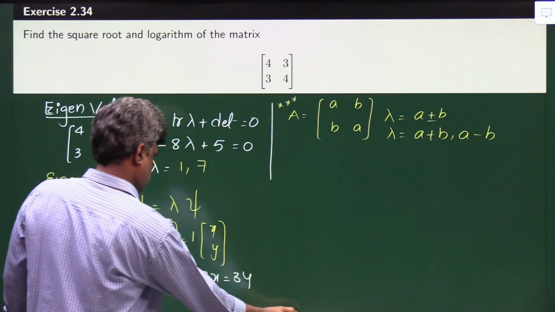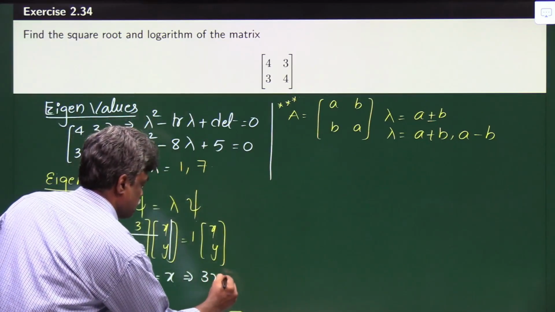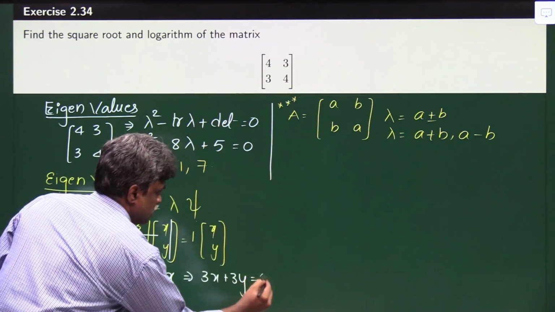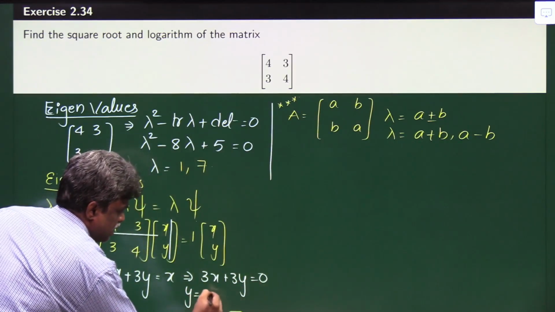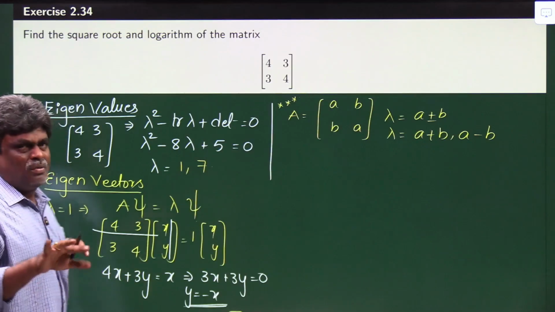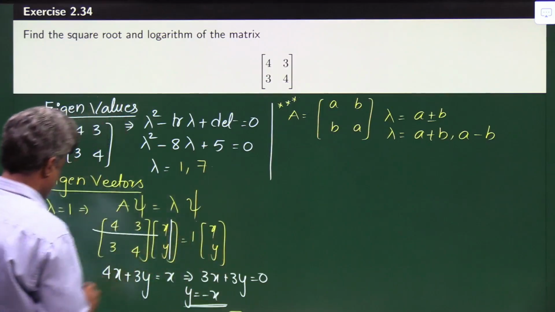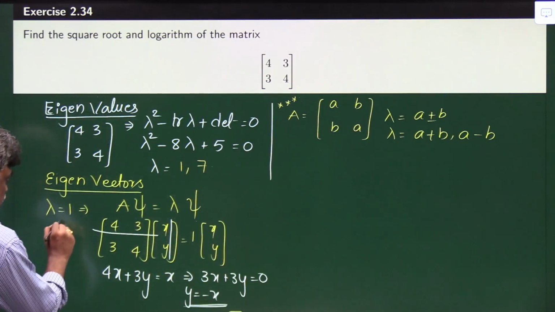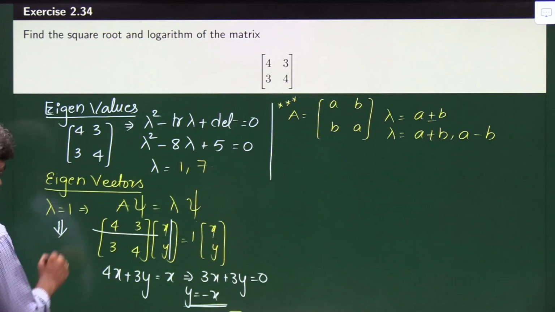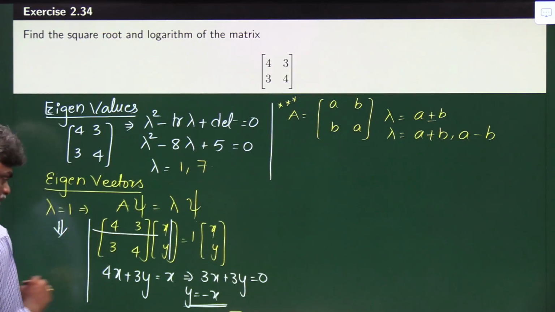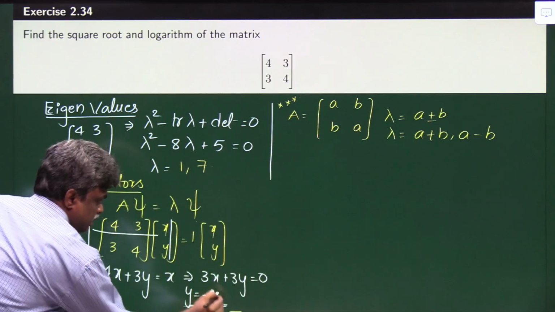Sorry, 3x plus 3y equal to 0, which implies y equal to minus x. Always better to write y in terms of x, then immediately you get the eigenstate corresponding to lambda equal to 1 as x comma minus x.